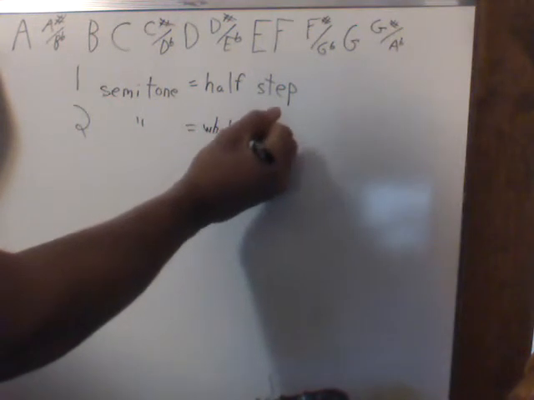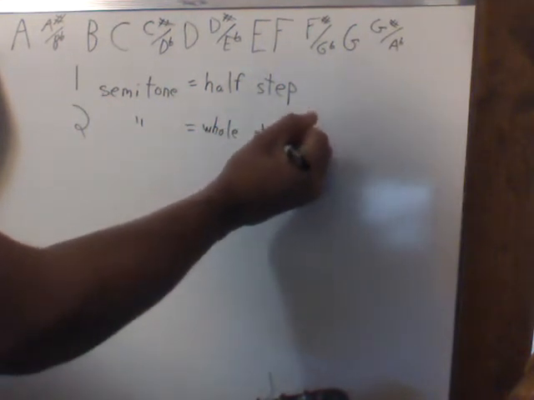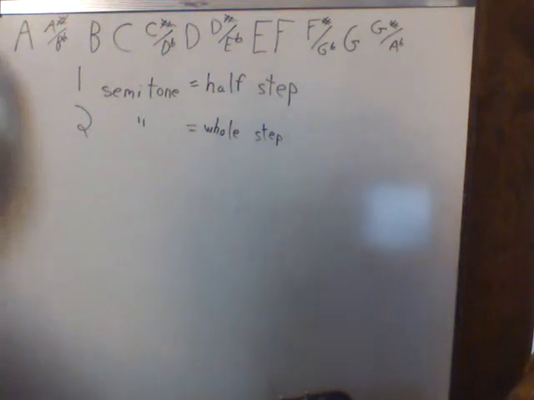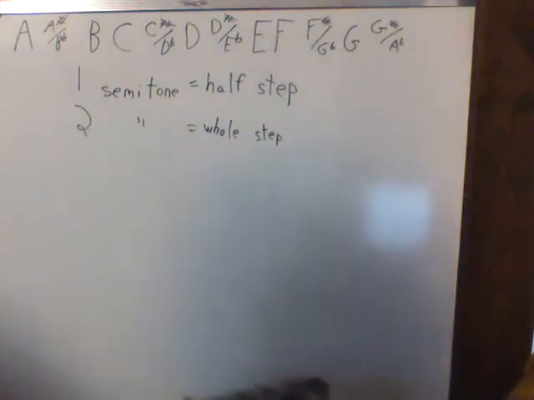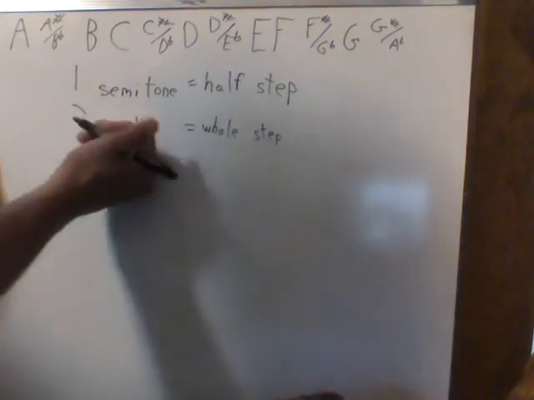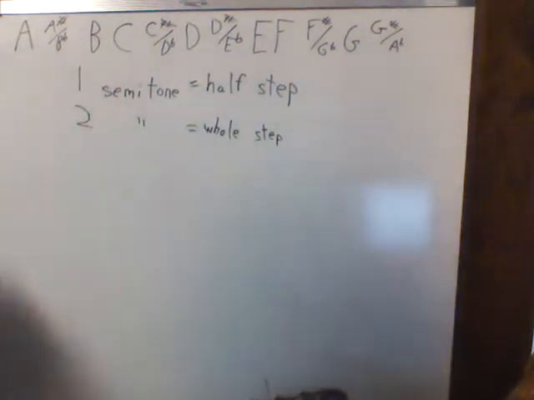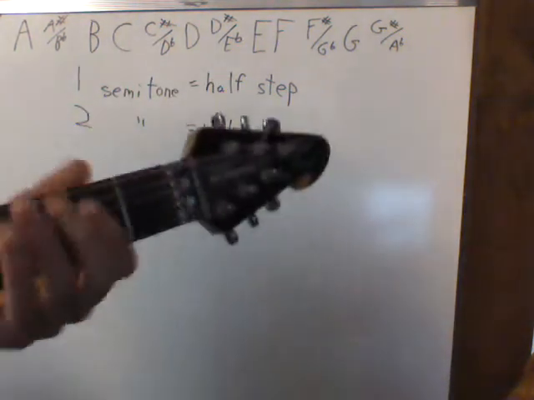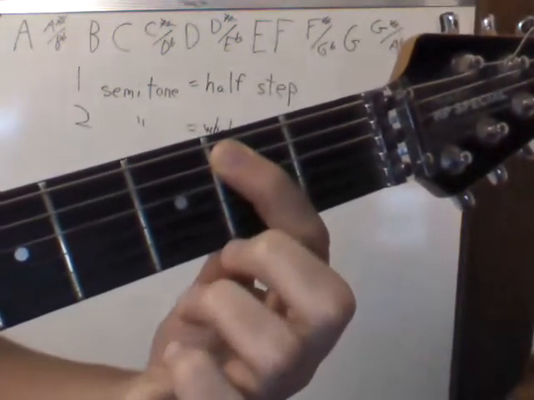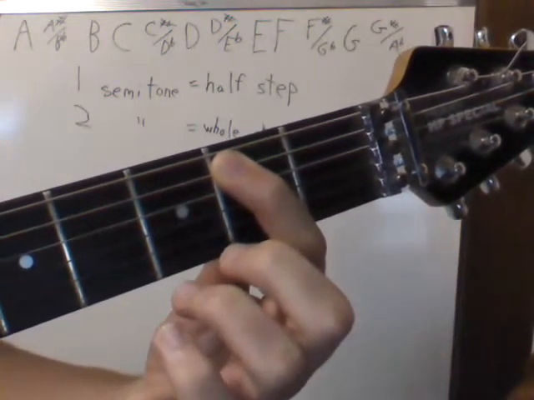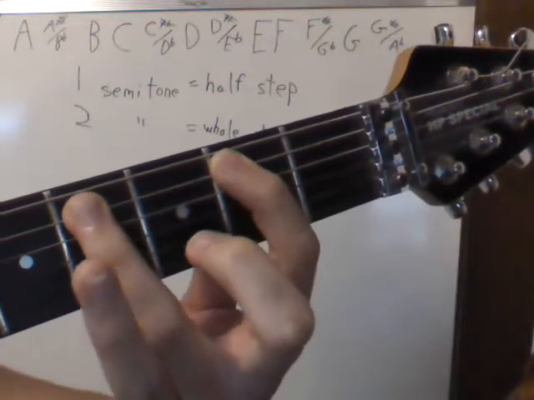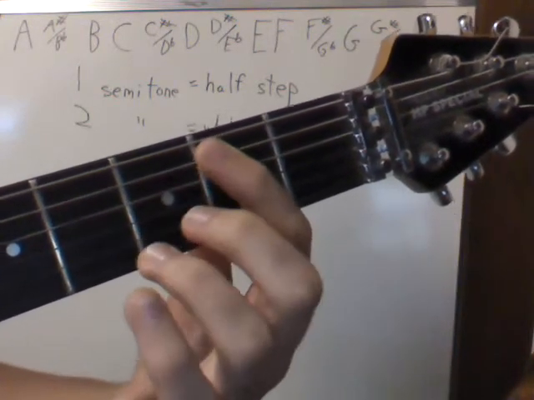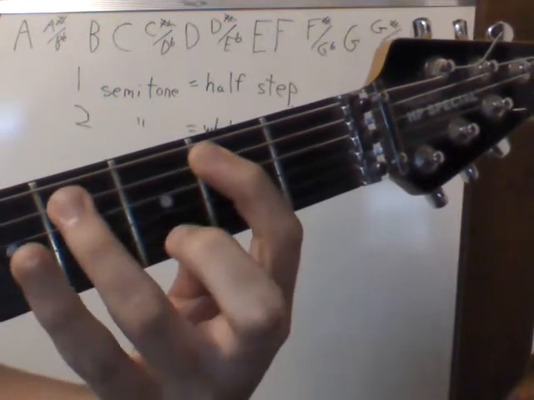A whole step. Okay. That's a 2, by the way. That's a 2. So now you know what half step and whole step is. If I were to say from the 2nd fret of the A string, go up a whole step, where would that be? It would be here. Up 2 semitones. 1, 2.